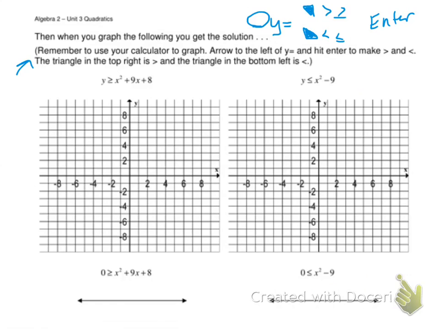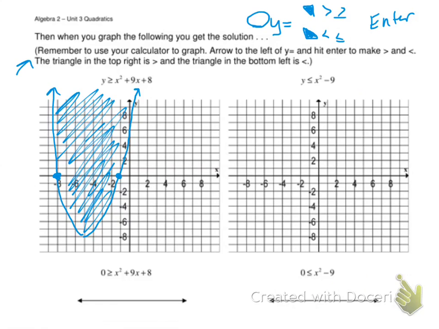My graphs aren't going to be perfect, but this first one crosses here and here and looks something like this. Your shading in your calculator should have been here.